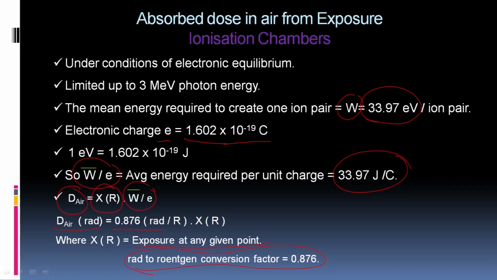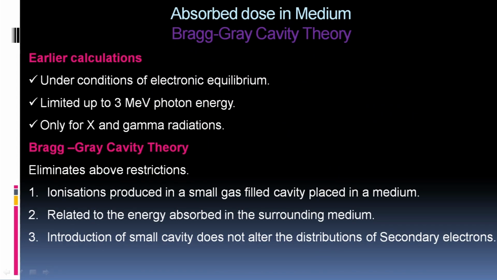By this formula we can convert the exposure to the dose to air. This measurement is limited: electronic equilibrium must be there, and it is limited up to 3 mega electron volt photon energy. This calculation is only for air measurement and only for X and gamma radiation.